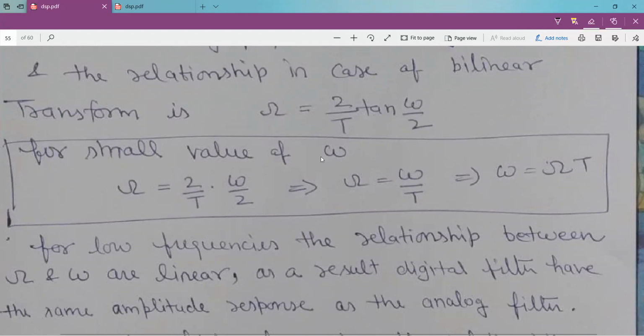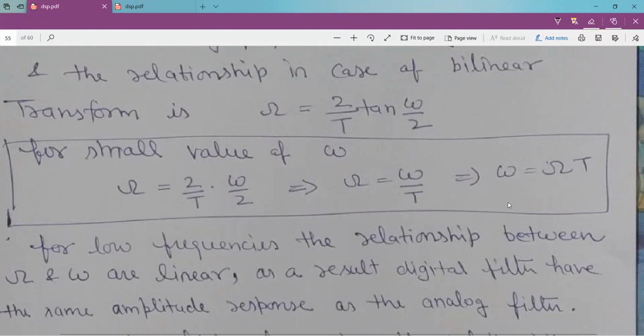As tan theta, if theta is small, is approximately equal to theta, in the same way analog frequency is equal to 2 by T times omega by 2, where omega by 2 is the angle. When omega, the digital frequency, is very small, the relationship between digital and analog frequency is omega equal to capital omega T.